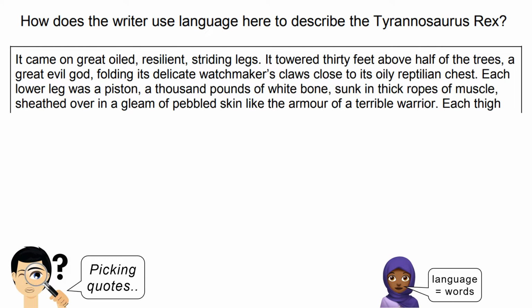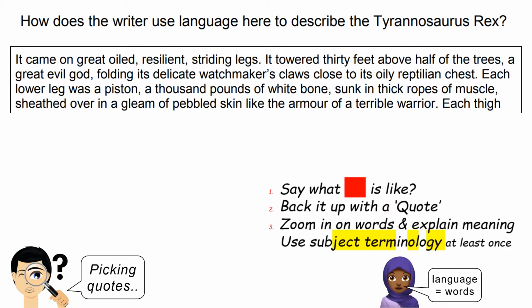And what makes a good quote? Well, a good quote is obviously something that's describing the T-Rex, but it also needs to have words in there that you understand and can explain. And ideally, it also has some language features that you can focus in on.